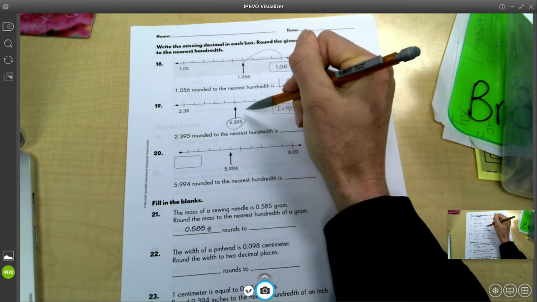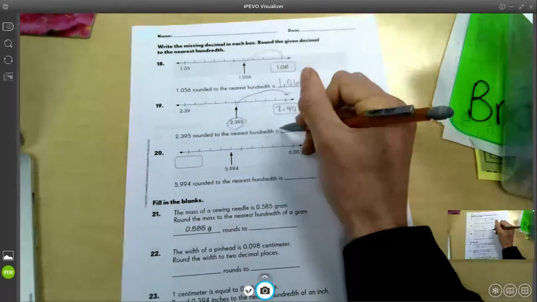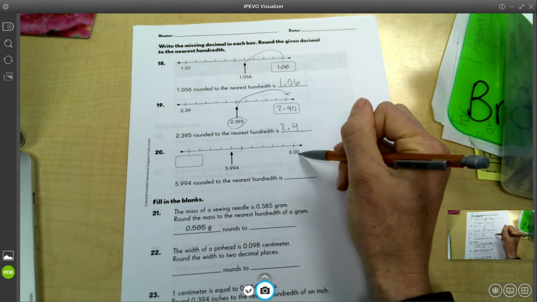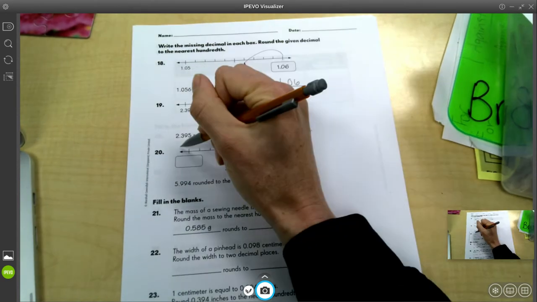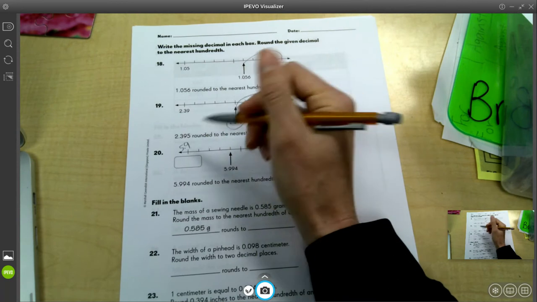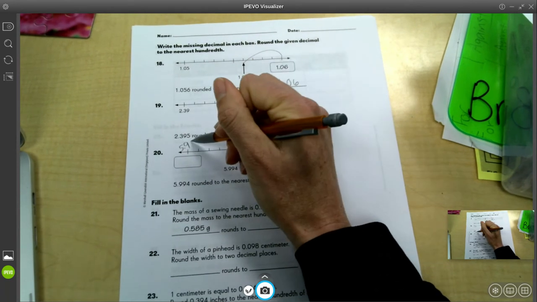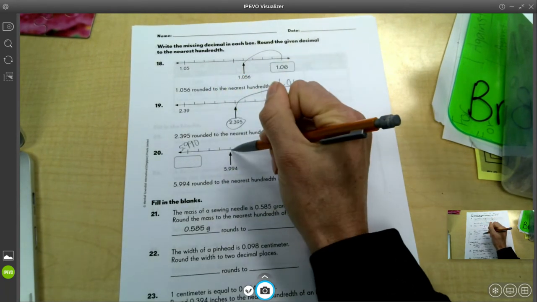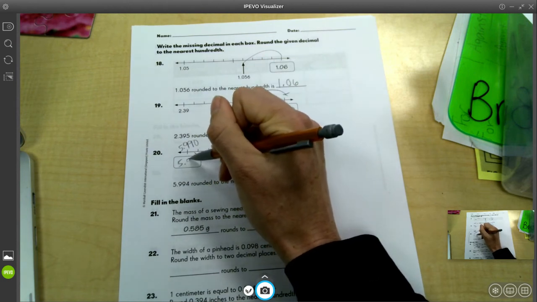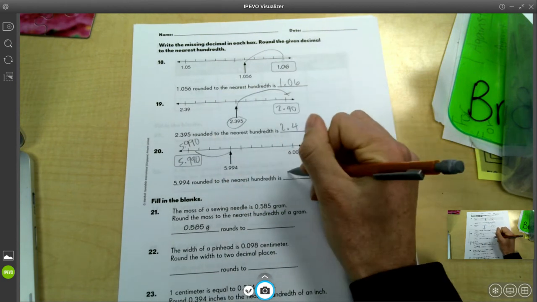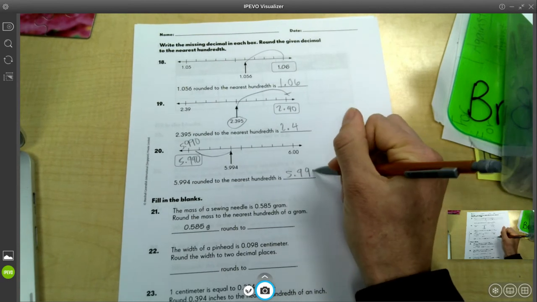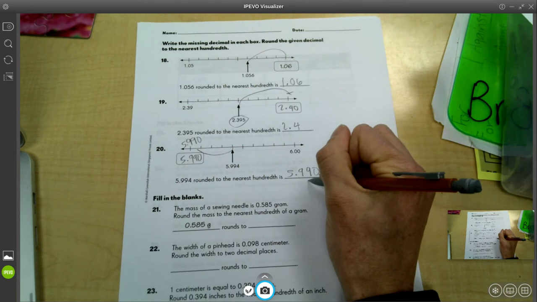This is right in the middle, so it's going to round up to 2 and 40 hundredths. Here I have 6, and here I have 5.990, and this would round down to 5.990 to the nearest hundredth.